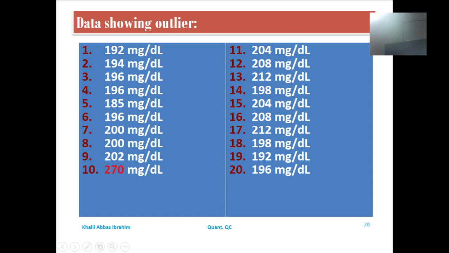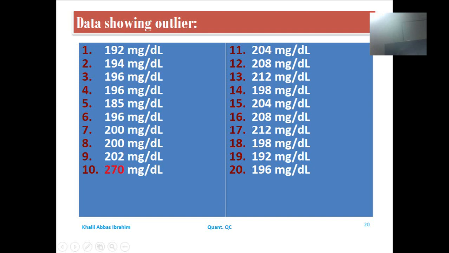In my point of view, I prefer to ignore such an odd value. It stands for the failure of the system at the time when you were measuring the control materials, at the time that you obtained that value.